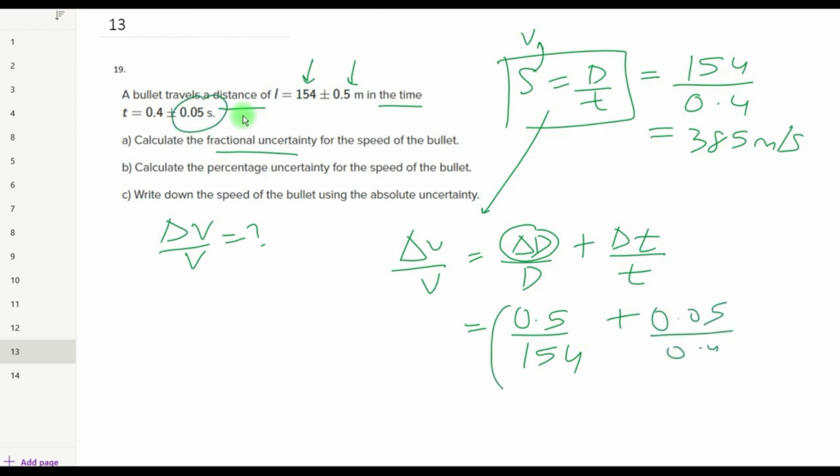This is the total fractional uncertainty in the speed of the bullet.